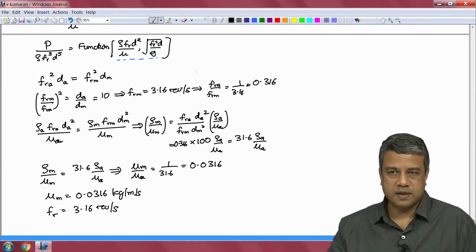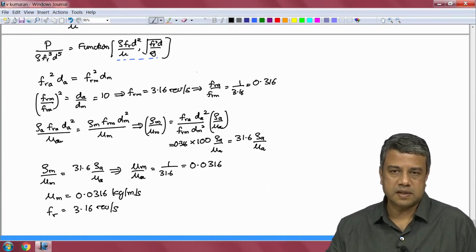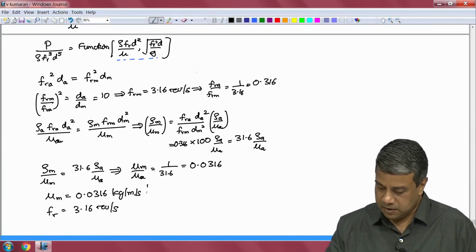And if I use this combination of properties, the Reynolds number and the Froude number turn out to be the same. So, therefore, the power number has to be the same.